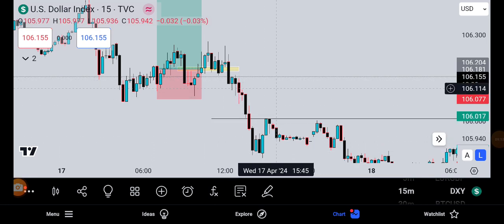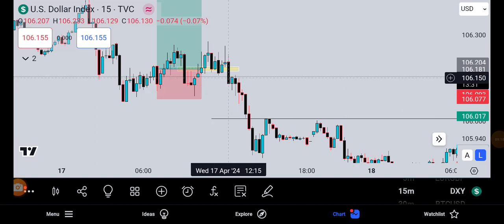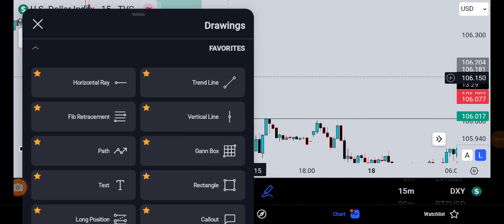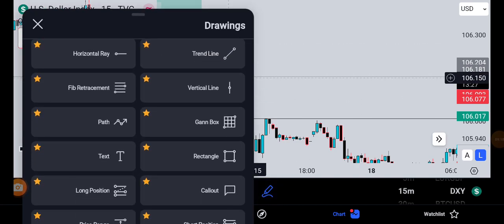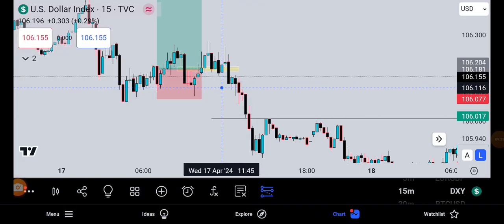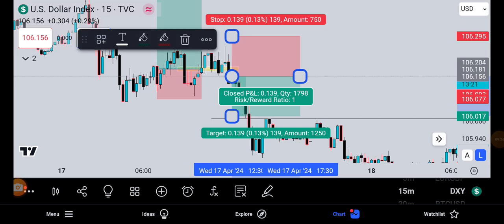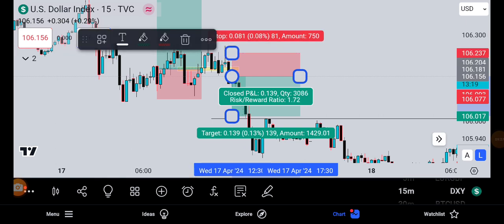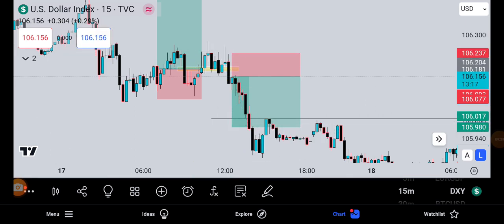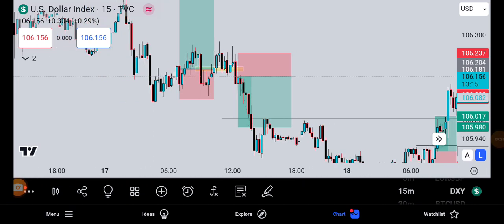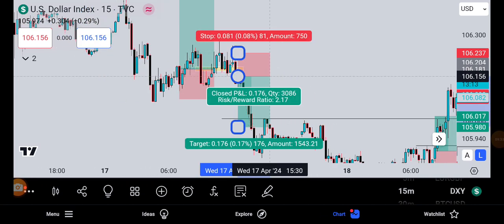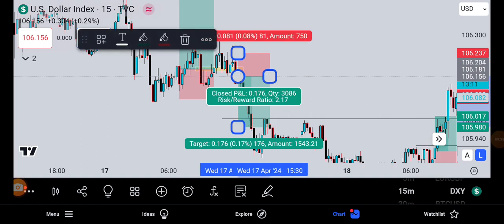If we could have taken a trade, or I had been open about this trade, then at that fair value gap with my stop above there and a 1 to 2, my TP would have been hit. But I think it was a good lesson never to be married to bias.